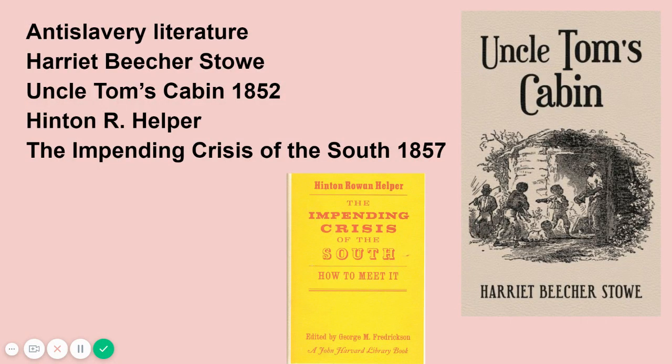Helper argued in his book that slavery hurt the common white man in the South, that it denied them work and economic opportunities. Leading up to the Civil War, both of these books were banned in the South.